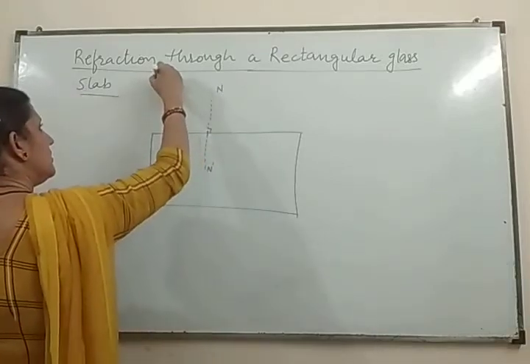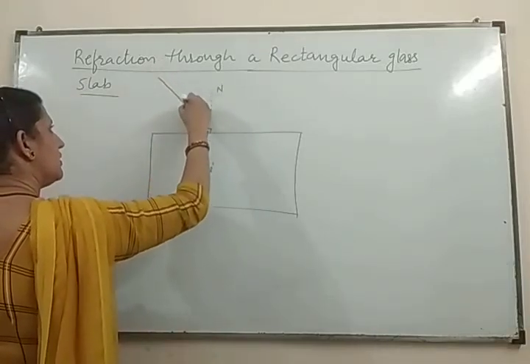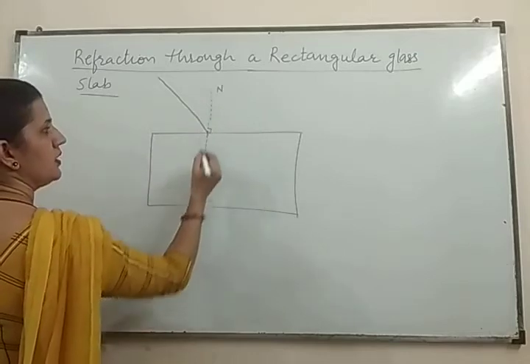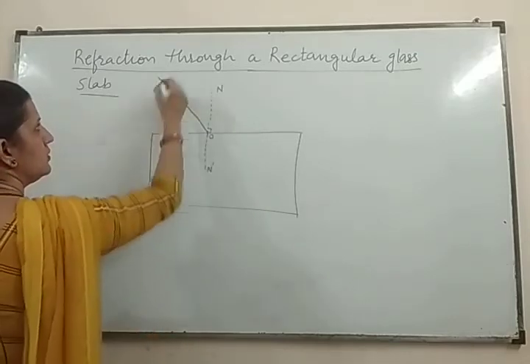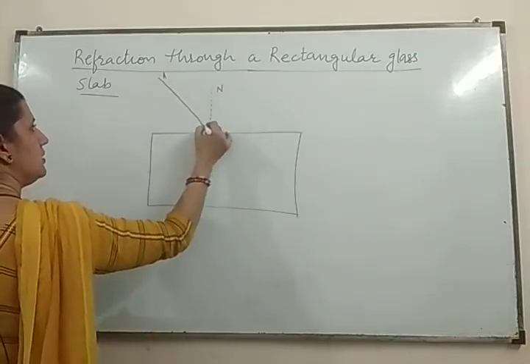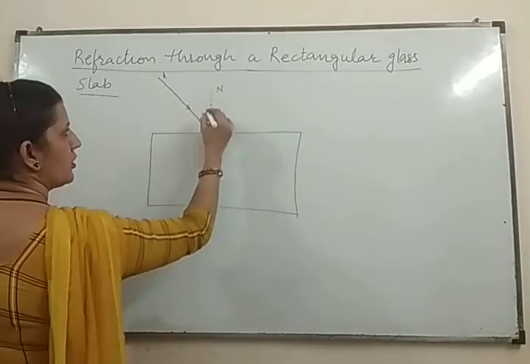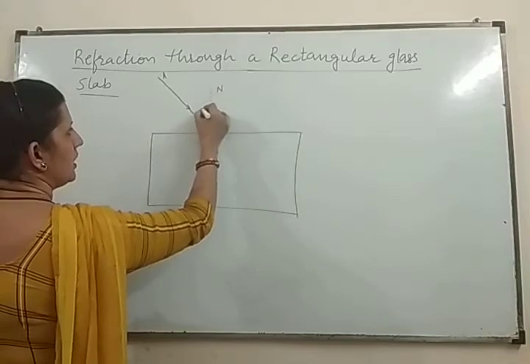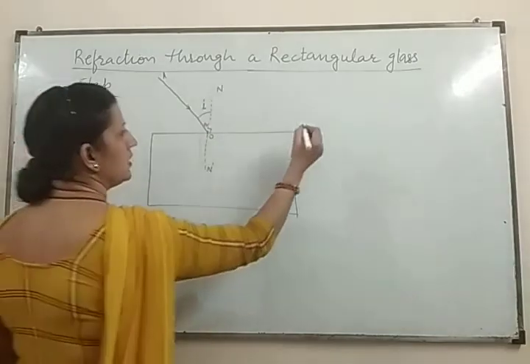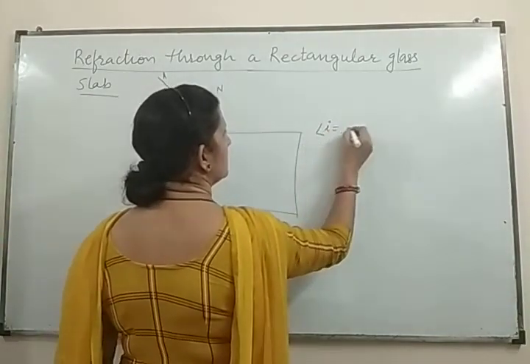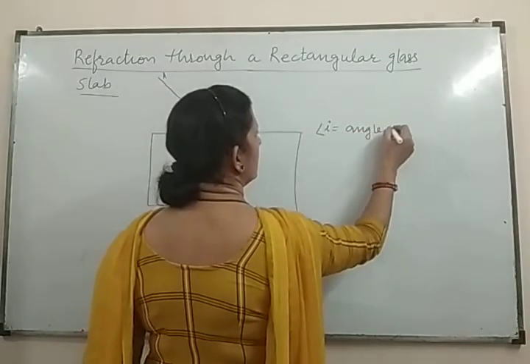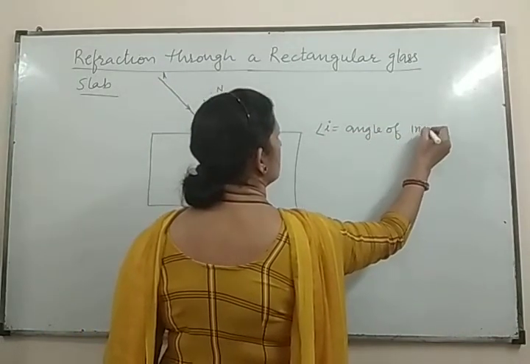Then draw the incident light which is falling on the slab at this point O. This AB is the incident light which is incident at point O, making an angle I. Here the angle I is equal to the angle of incidence.